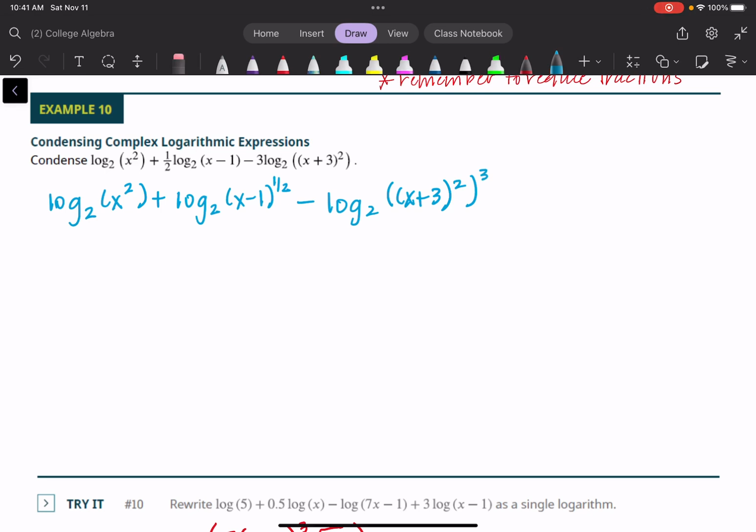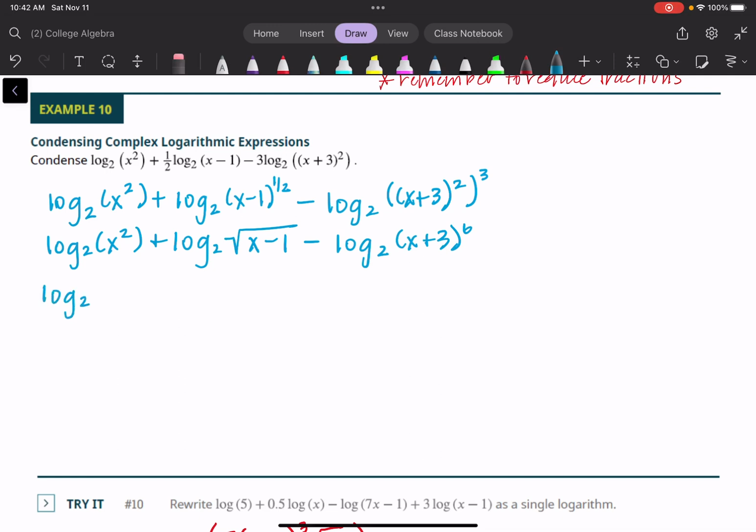So there's some cleaning up I want to do before I even take the next step, because that's looking kind of gross. Before I even continue with the condensing, I'm going to handle a couple of things here, and I'm going to write that as a root. And then this, I'm going to write as x plus 3 to the 6, because 2 times 3 is 6. Now I'm ready to handle that quotient rule.